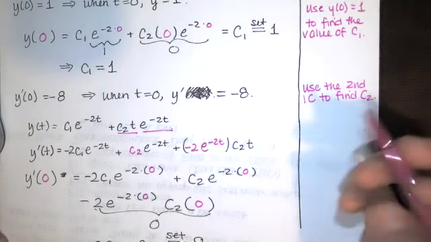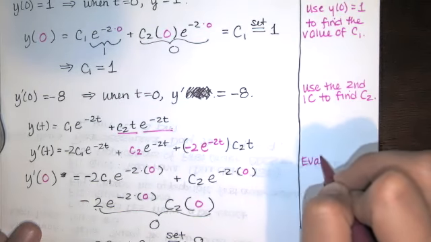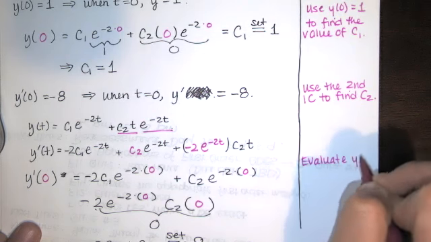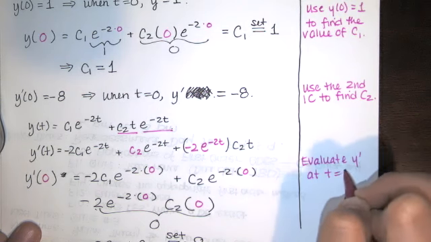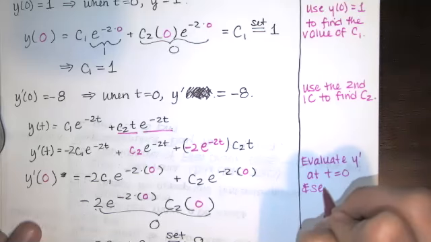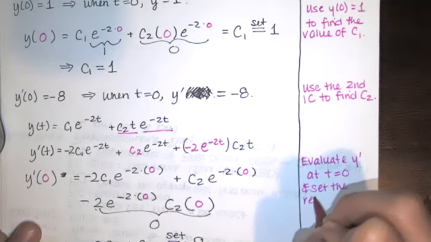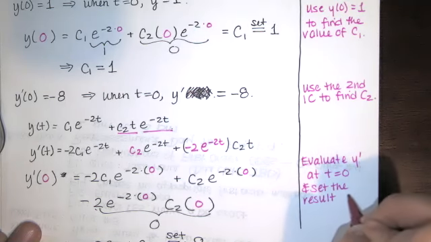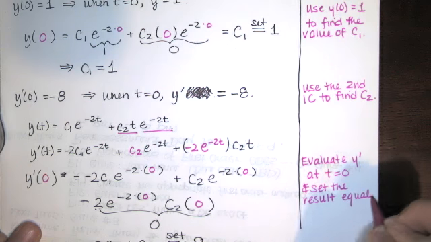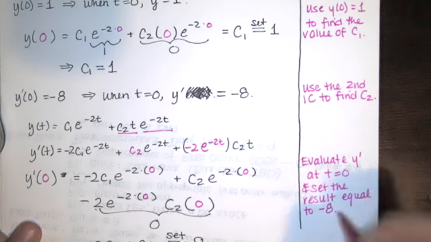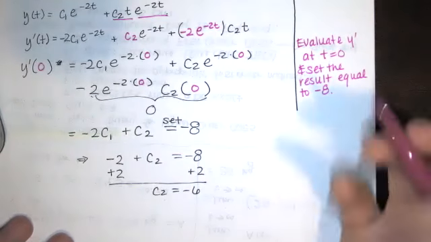So what we just did was we evaluated y prime at t equals 0 and set the result equal to that initial condition. And then once we did that, we solved for c2.